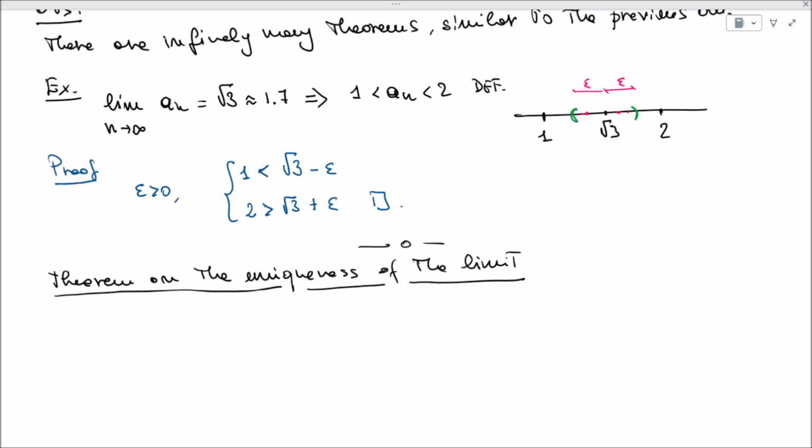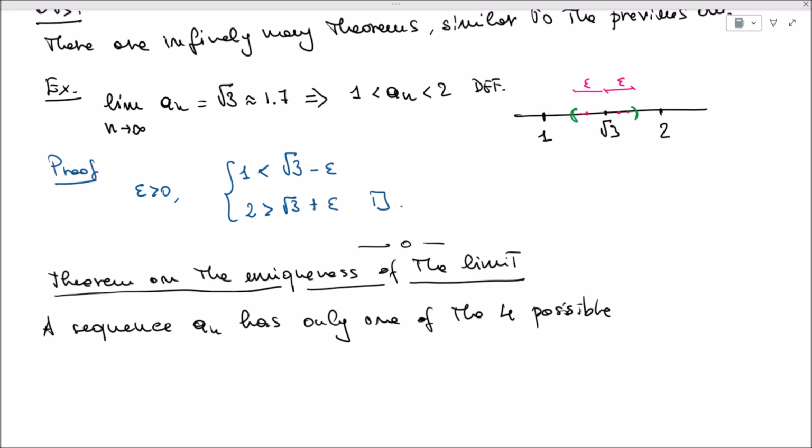So what this theorem says is that a sequence a_n has only one of the 4 possible behaviors.